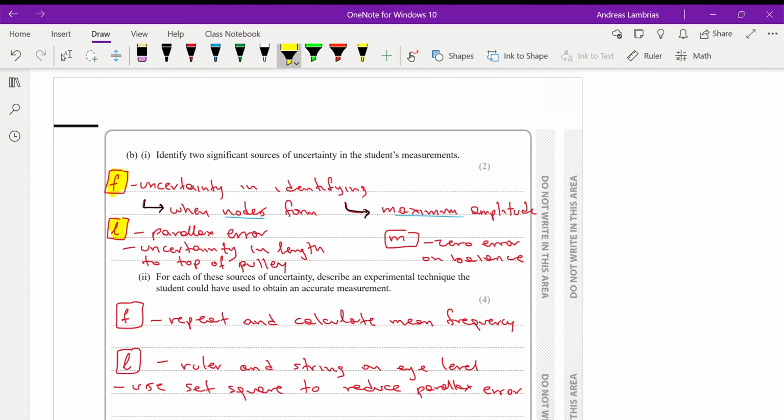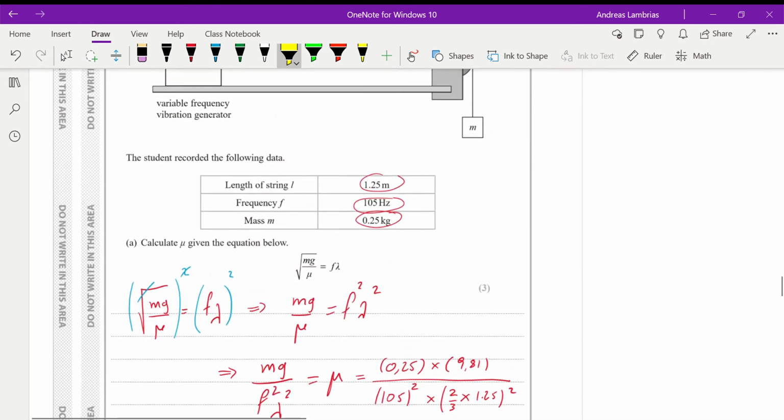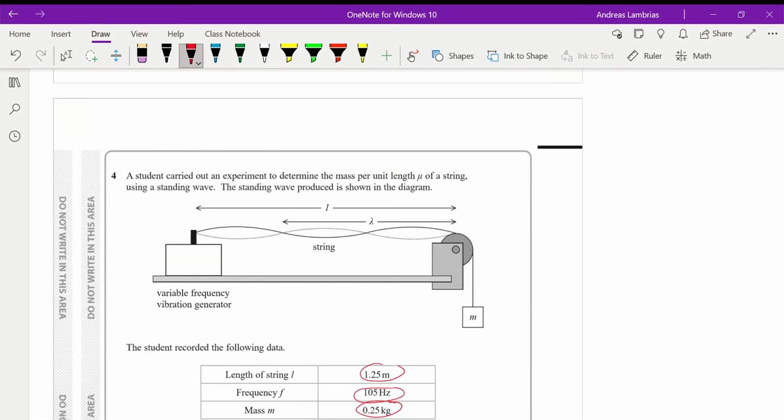The other one is that we want to measure the length from the vibration generator until that point over there. That point is a bit tricky because we need to measure up to the top of the pulley, which is hard to identify exactly. So there's some uncertainty in measuring the length to the top of the pulley.